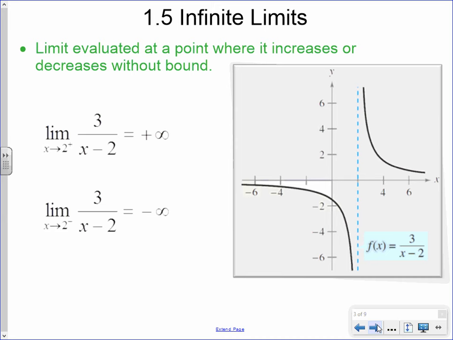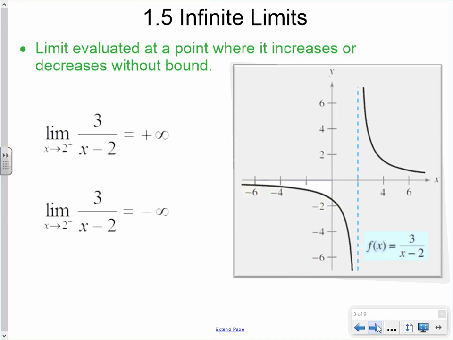So we're going to call that positive infinity. On the left side, the limit as x approaches 2 from the left side is decreasing without bound. So we call that negative infinity. Graphically, this is what it's going to look like.